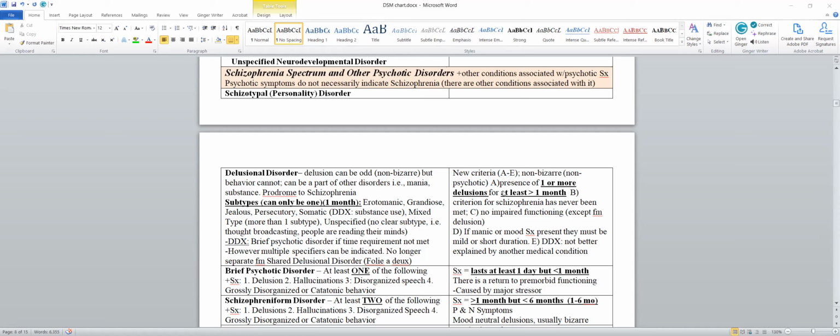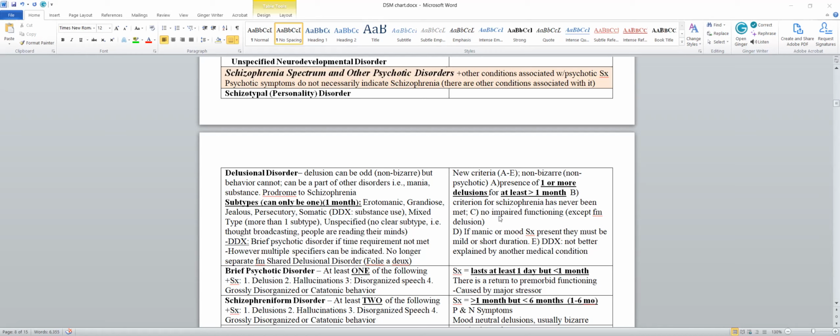The new criteria for delusional disorder is A through E, non-bizarre, which is non-psychotic. A is presence of one or more delusions for at least 1 month. Criterion B is criterion for schizophrenia has never been met.